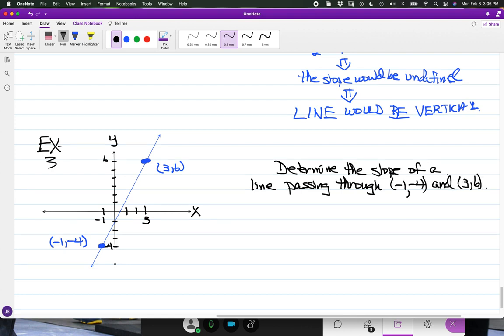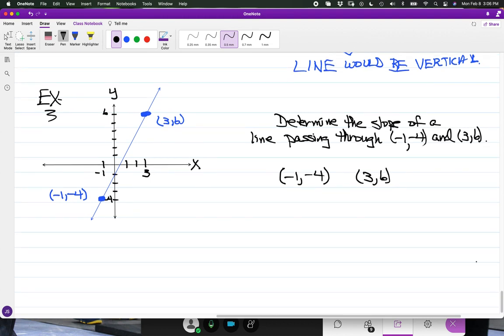Now again, just for the setup, if you were to go through the process of using the slope formula, you want to go ahead and specify what your first and second x and y sets are going to be.